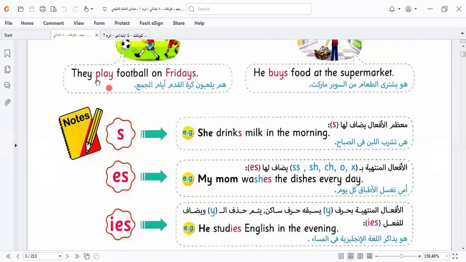When you say, they play football on Fridays, here they don't take s. He buys food at the supermarket. Here he is singular, and we put s because it is related to the singular pronoun.